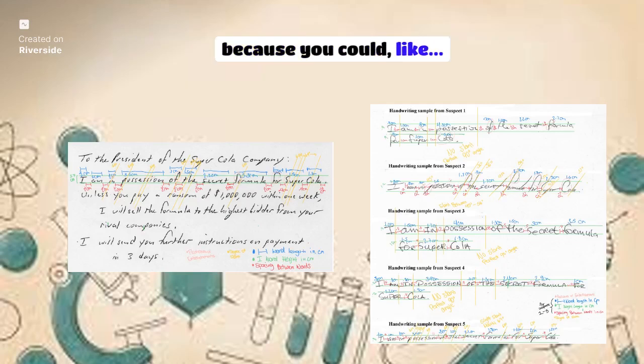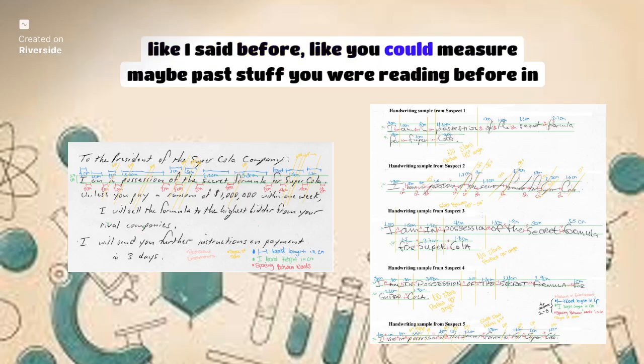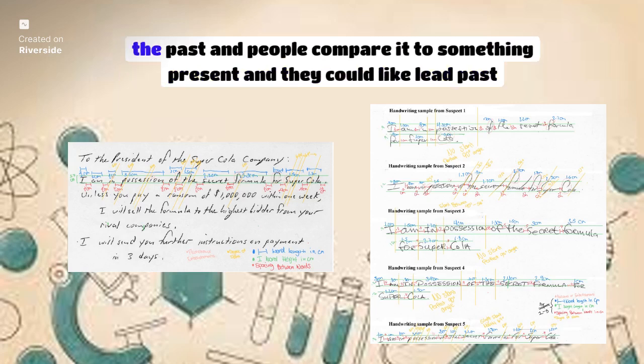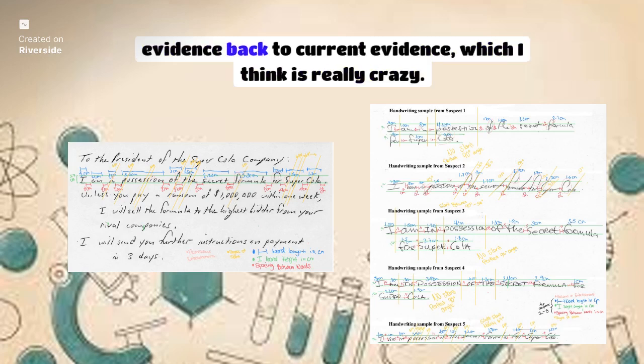You could measure past stuff you've written, and people compare it to something present, and it could lead past evidence back to current evidence, which I think is really crazy.